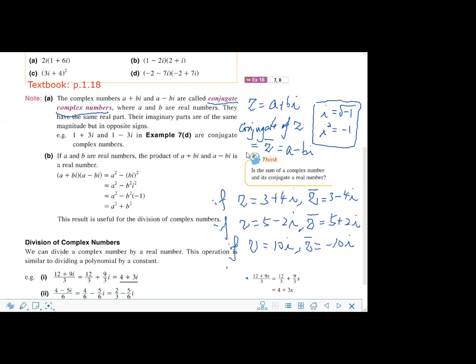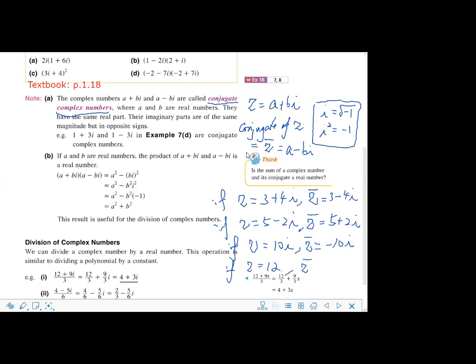If Z is a real number, Z is equal to 12, then Z bar, because Z is a real number this time, it does not have an imaginary part, or we can think that the imaginary part is equal to 0i.